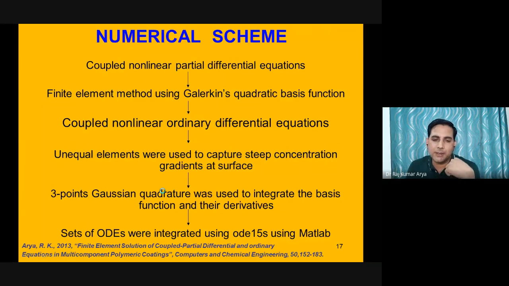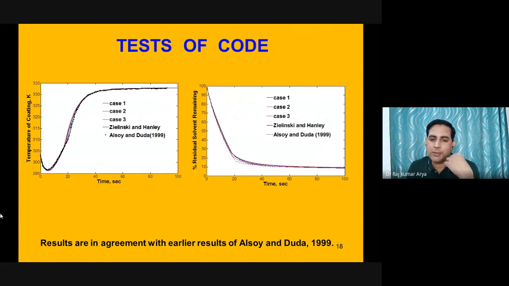The same model equations were solved by earlier people, we also solved them, and we compared. This is the graphical way to show it. Graph-wise, most of the time we cannot find the variation, so you also have to calculate the error, average error, and deviation from the mean. If that comes to less than about 0.5%, it means your program is good. If it is more, it's because a graph may not reveal that. So this is the validation part.